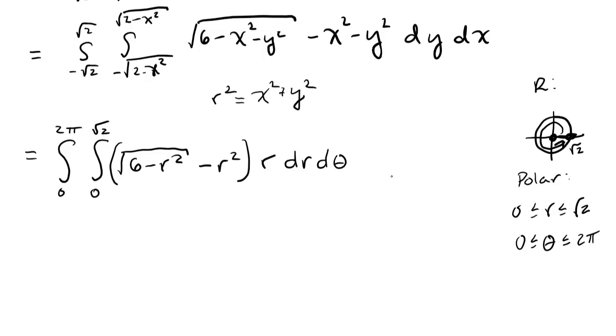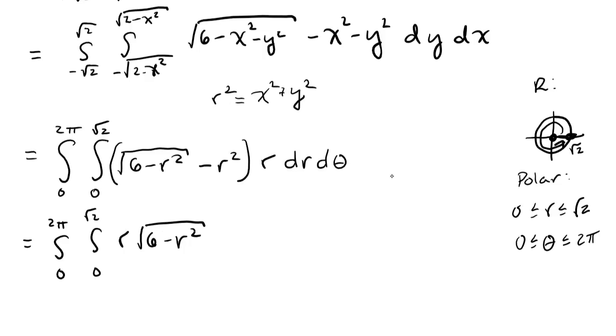So then really we can distribute that r through to the different parts. So we're going to have the integral 0 to 2 pi, 0 to square root 2, we'll have r times the square root of 6 minus r squared.